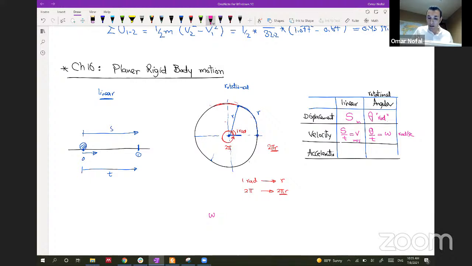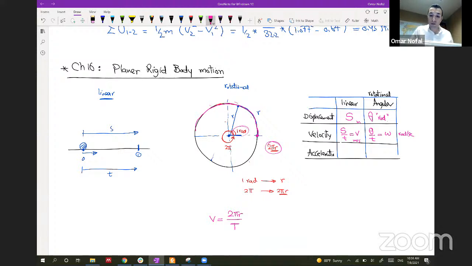If we want to get the velocity v of this body, and if we are talking about distance rather than radians, and this body was able to do one cycle around this circle until it gets here, it made a distance of 2 pi r, and we divide this by time t. We call this t the periodic time because it's only one cycle. The periodic time by definition is the time that the body takes to do one cycle.